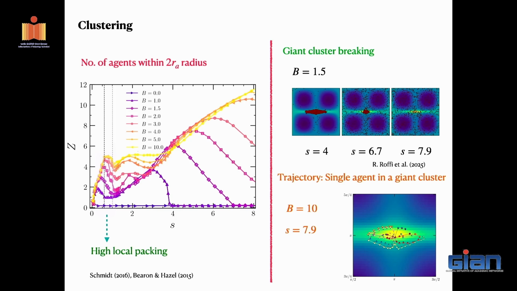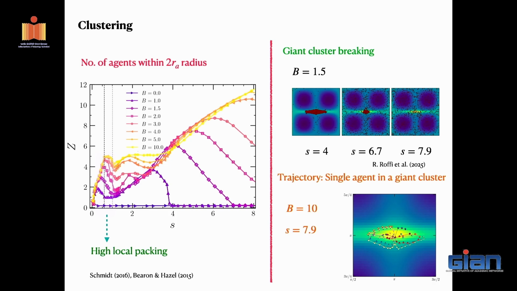Okay, so if you see this Z, that is the number of agents within 2 RA radius, where 2 RA effectively gives the size of the bacteria. So you look immediately in the neighborhood of these active agents, count the number of active agents around a given active agent, and plot it versus S, and you see that it starts to increase.